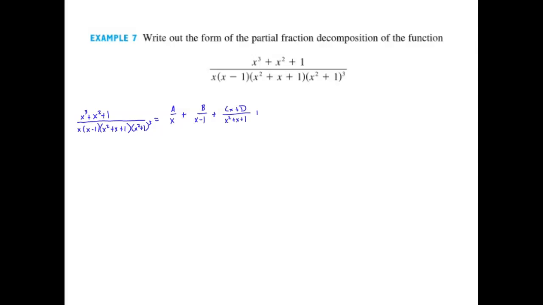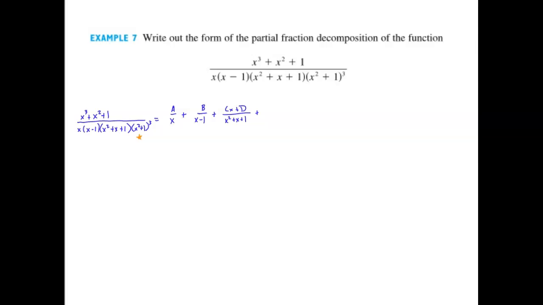All right. Now, we have another irreducible quadratic, but this is a repeated irreducible quadratic. So do you guys remember what we need to do when we have repeats? What we did with the repeated linear factors last week. You have to build the partial fractions up until you get to the highest power of the repeat, right?